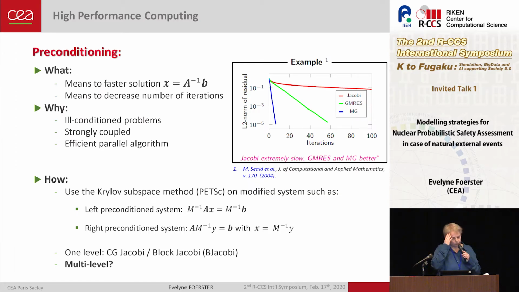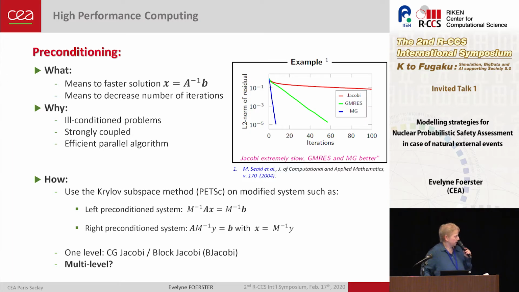So about preconditioning, of course, we want to have a faster solution and decrease the number of iterations, because also we have very ill-conditioned problems usually with respect to what we are simulating, and also strongly coupled problems.